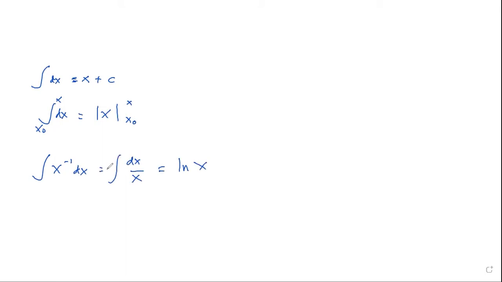Okay, please remember these integral rules. One more example: if I have the integral of x to the power of negative 2 dx, this will produce x to the power of negative 2 plus 1 over negative 2 plus 1.